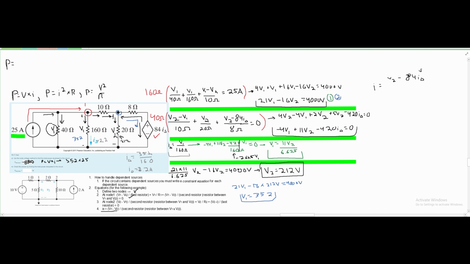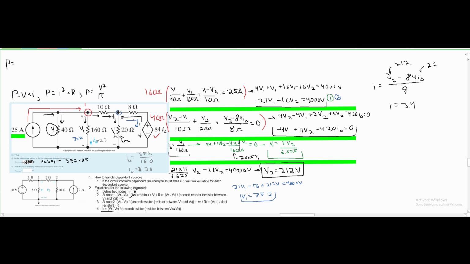We know that our I delta is 2.2 amps, and we know that our V2 is 212 volts. And this is all over the resistor between them, which is 8 ohms. So if we do 212 minus 84 times 2.2, and then divide this by 8, we're going to get that our current is equal to 3.4.